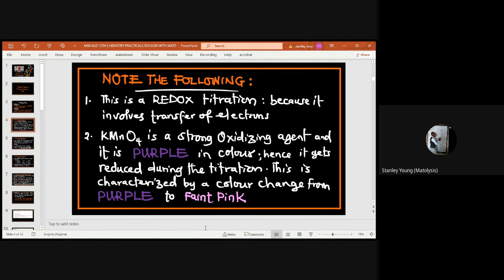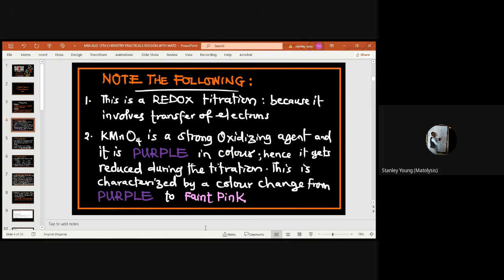Before I proceed, I need you to note the following. I did this so as not to make this video unnecessarily long. Number one, this is a redox titration, like I've said before, and any redox titration involves reduction and oxidation, which is basically a transfer of electrons.